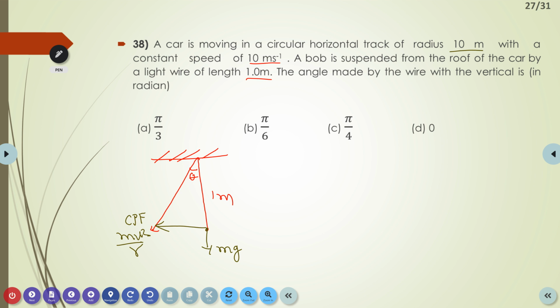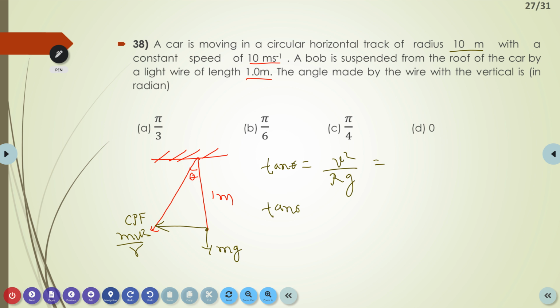Then from this geometry, tan theta equals v square divided by Rg, that is v square divided by R into g.